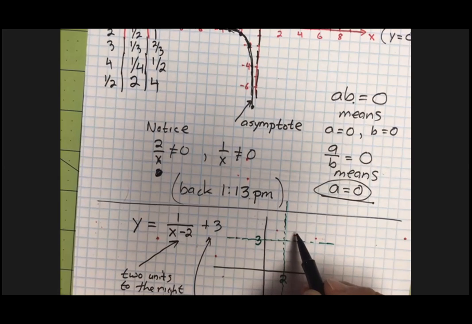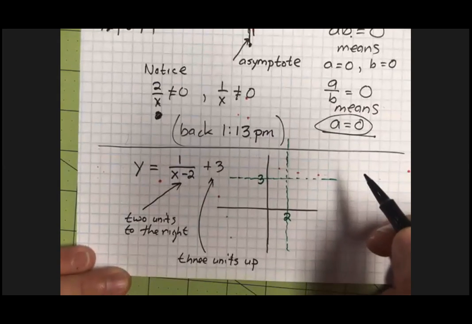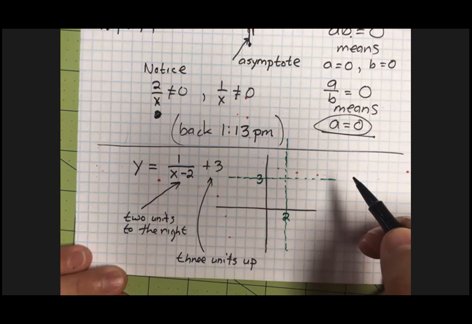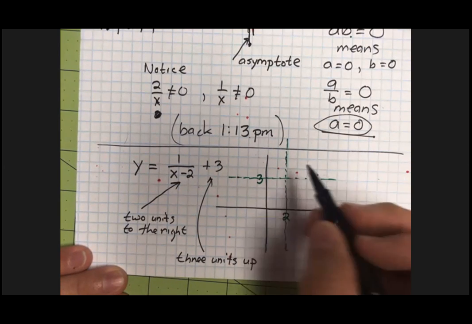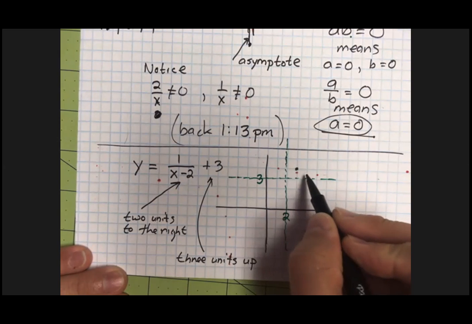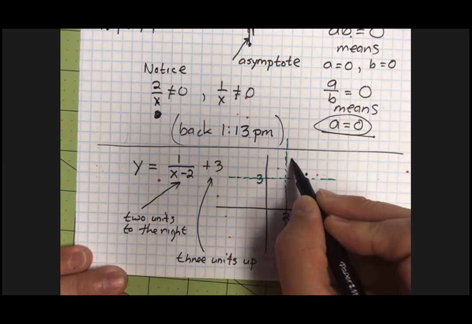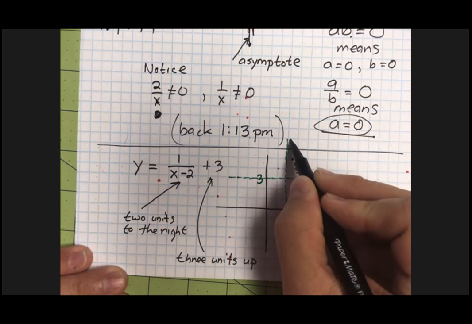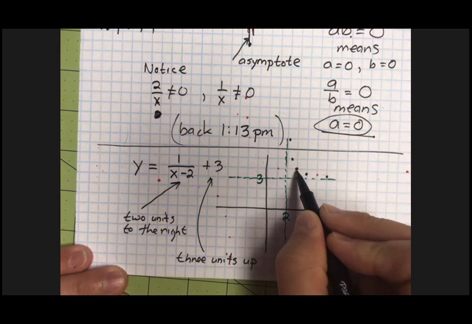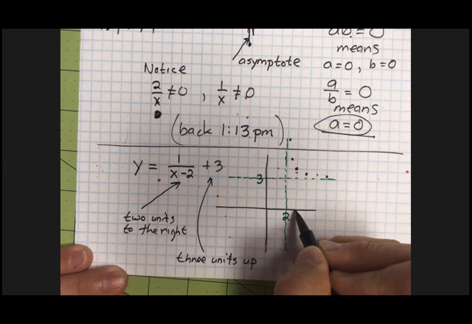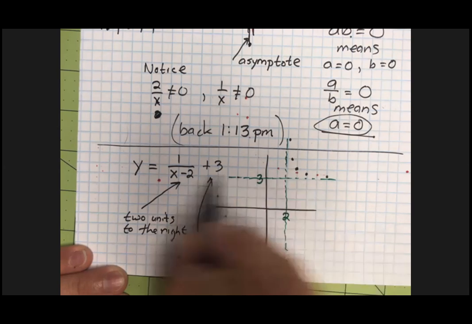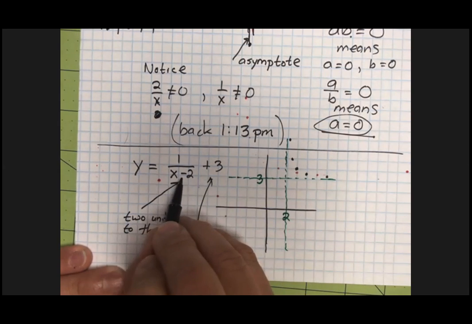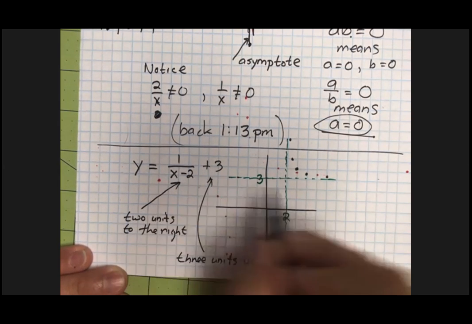Now, I'm going to draw this a little too casually because I think I'm going to use Desmos to give me the perfect graph in a second. But it's going to go through the same key points. And I can name them really quick, like instead of 1 and 1, it's going to be 3 and 4. If I plug in 3, I get 1 over 1 plus 3, which is 4.